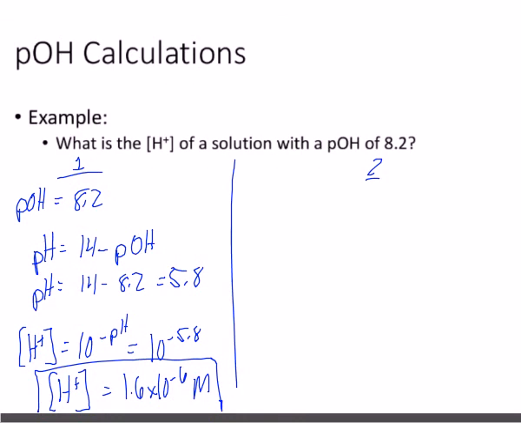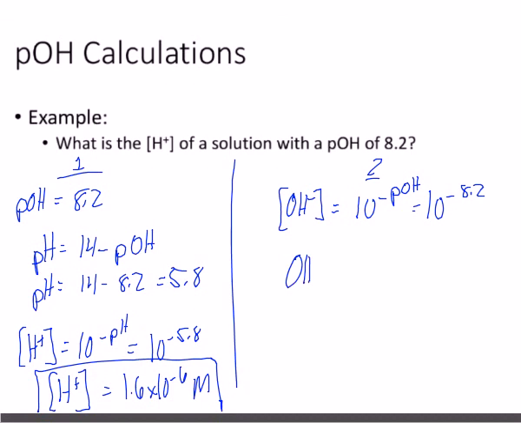The other way, guys, that I can do this, I could take my pOH. I can get my hydroxide ion concentration by taking 10 to the negative pOH. So 10 to the negative 8.2. Kind of doing what I did here, except I'm doing this part first to just get to my hydroxide ion.